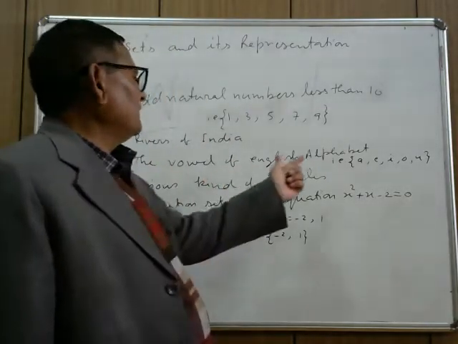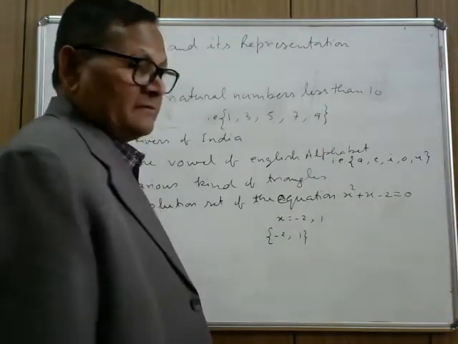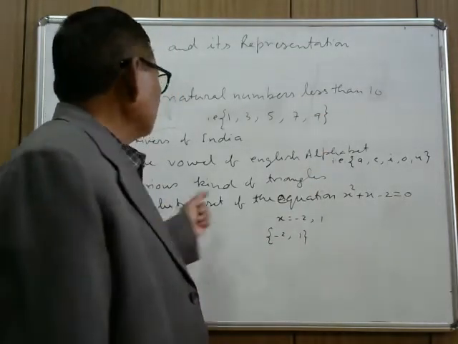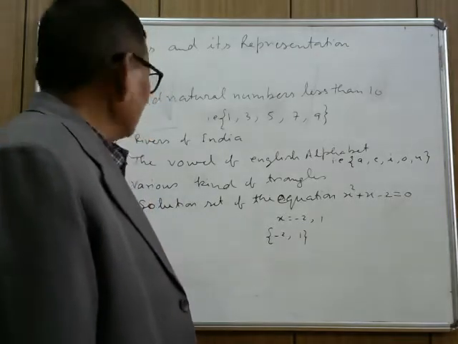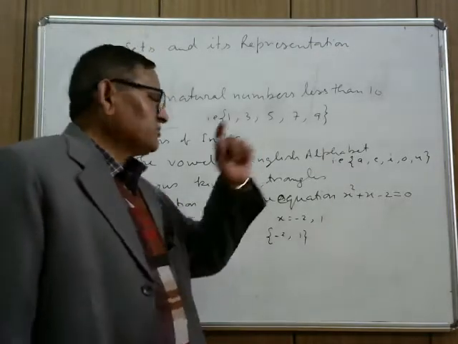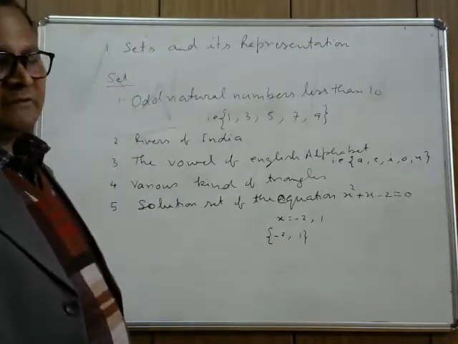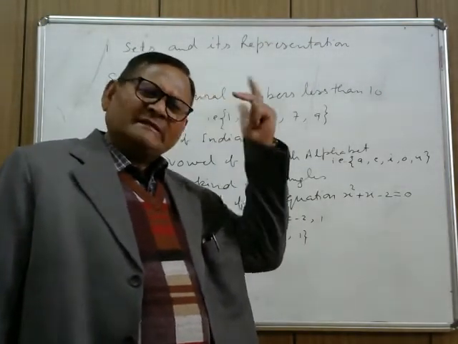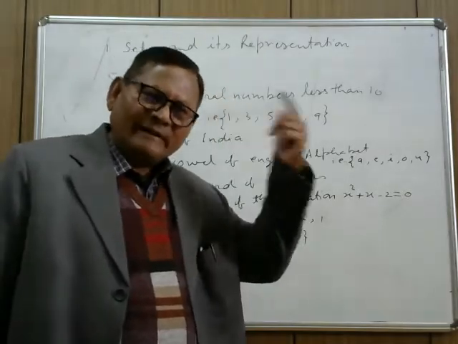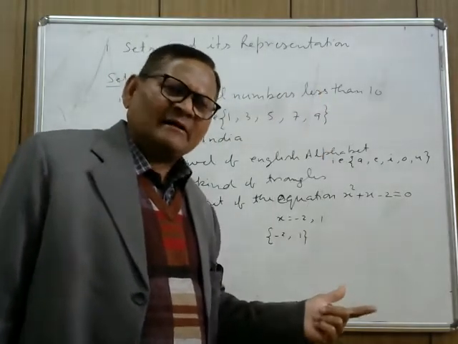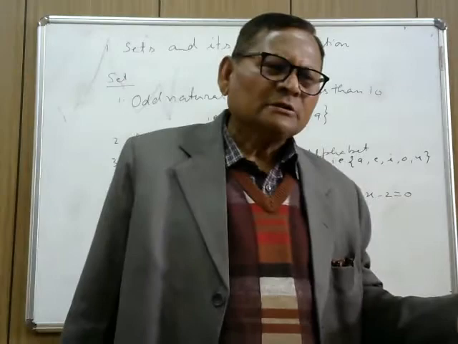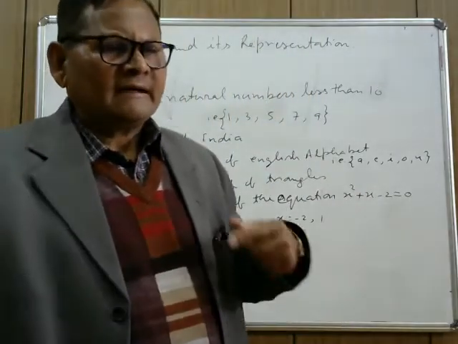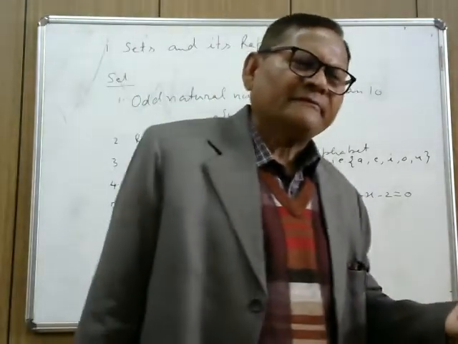The vowels of the English alphabet, this is also well defined. Various kinds of triangles, this is also well defined. The solution set of the equation, x square plus x minus 2 equal to 0, is also well defined. So maybe one thing is in our mind: if all these are well defined, then how can we write a collection that is not well defined?